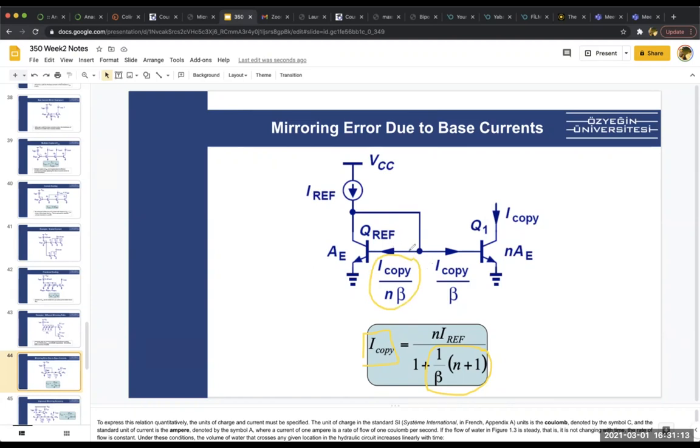What we are copying here, before the collector current, is actually the base current. So this is I copy divided by n beta. So this entire circuit is actually copying this base current and scaling it by n. And that's why we get to see the I copy here.